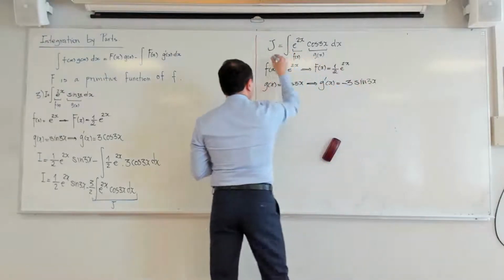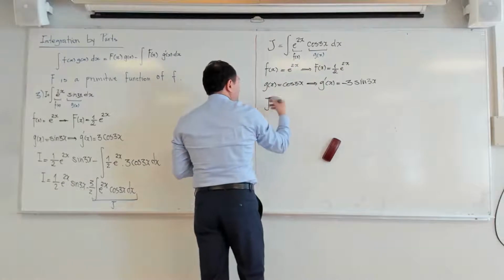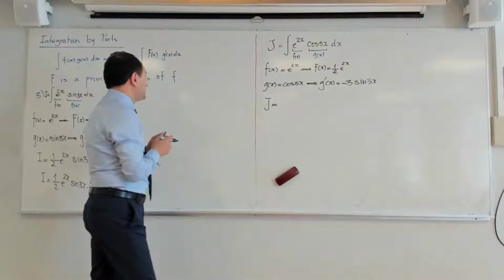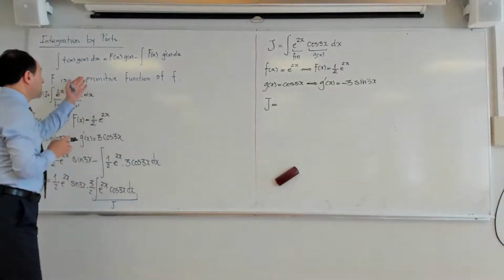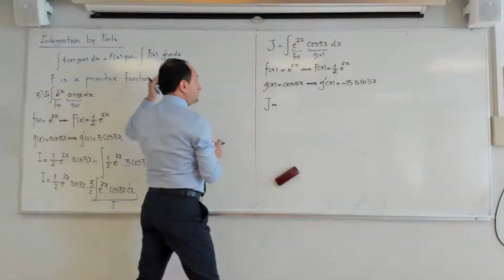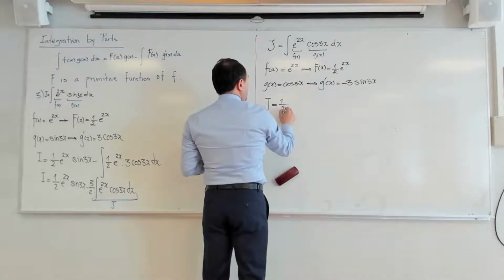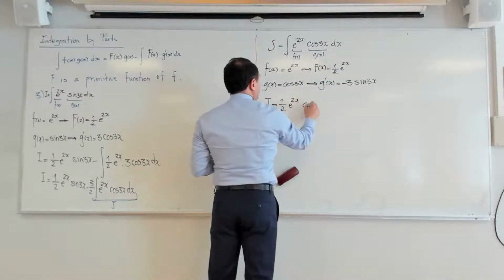And then I use integration by parts for j, but something interesting happens now. But you also probably was able to see that. So what happens, capital F times little g is 1 over 2 e to power 2x cosine 3x.